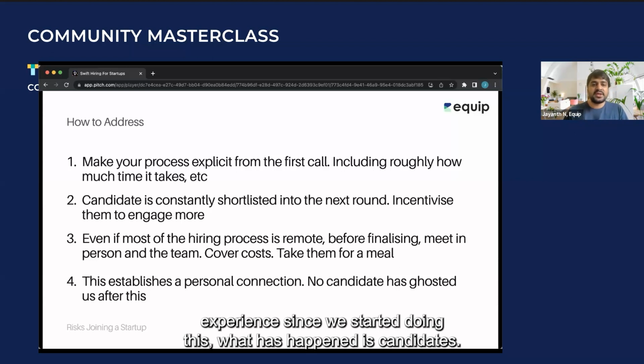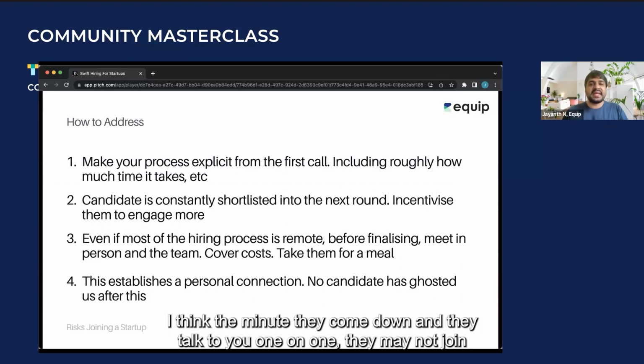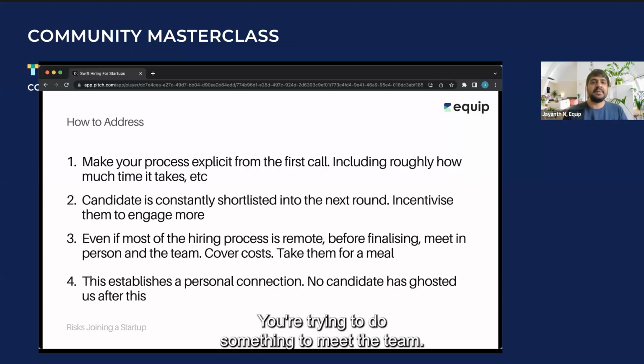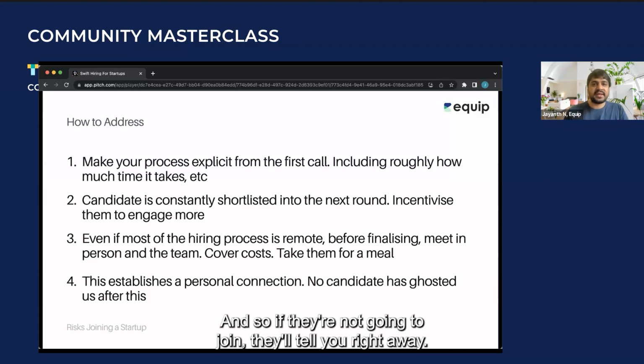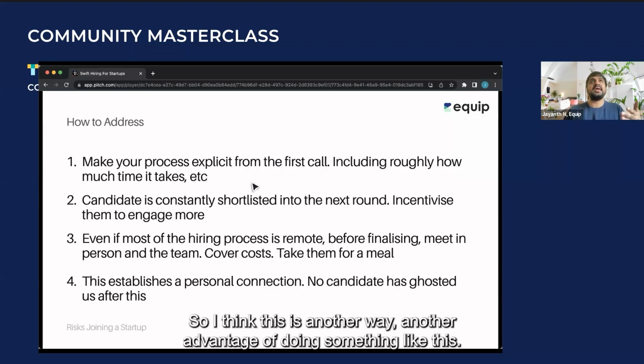Since we started doing this, the minute candidates come down and talk to you one-on-one, they may not join you, but it's clear to them that you're actually trying to build a company, they meet the team. And so if they're not going to join, they'll tell you right away. They will not make you wait the full 2 months and then ghost you. We've not had a single person ghost us since, right? So I think this is another advantage of doing something like this.